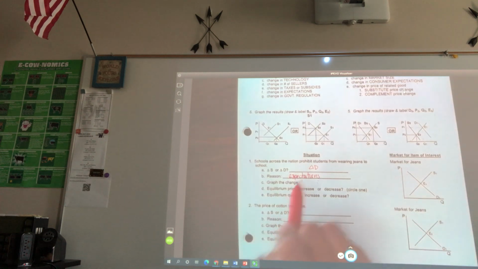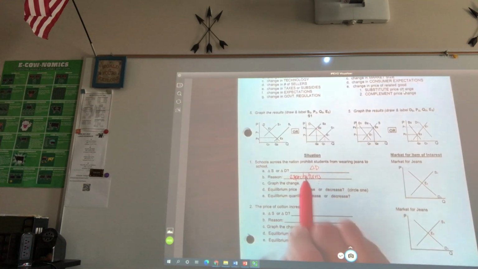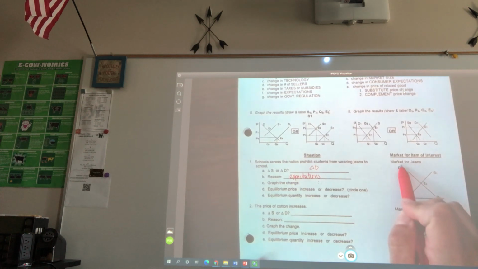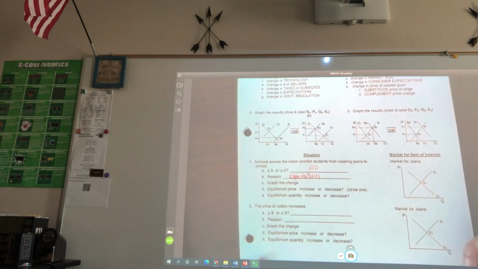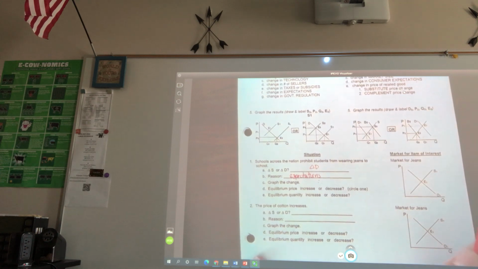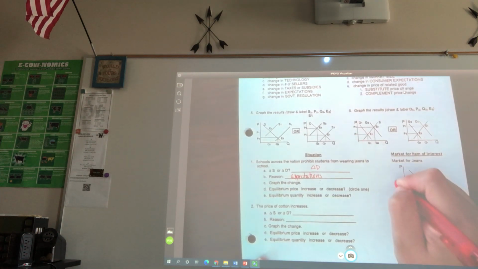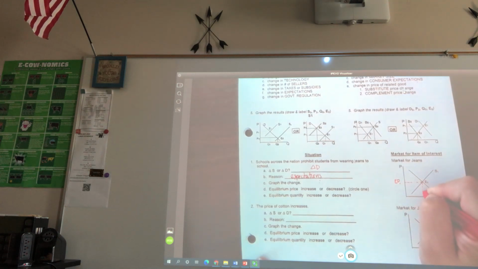So y'all said this is gonna affect demand. What happens to my demand in the market for jeans? It decreases, but before I could even graph that out, I need to come and do equilibrium price one, and equilibrium quantity one.